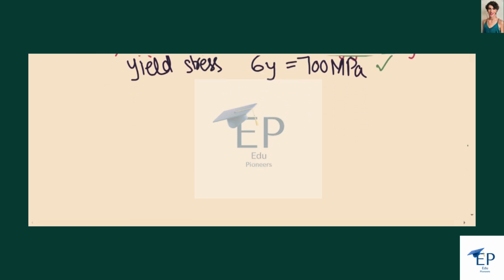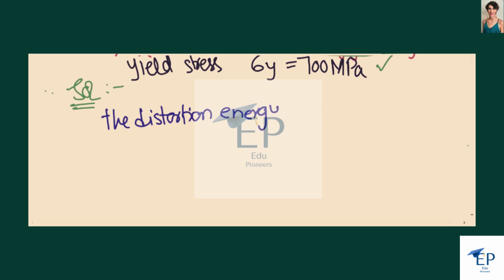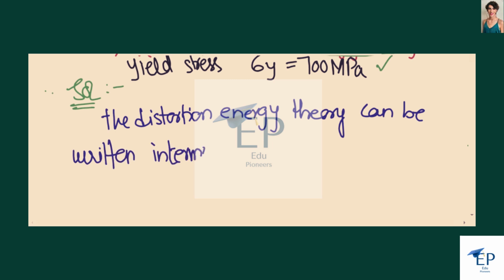Now the solution is very simple. As we found in problem 10.59, the distortion energy theory can be written in terms of sigma sub x, sigma sub y, and tau sub xy, right?